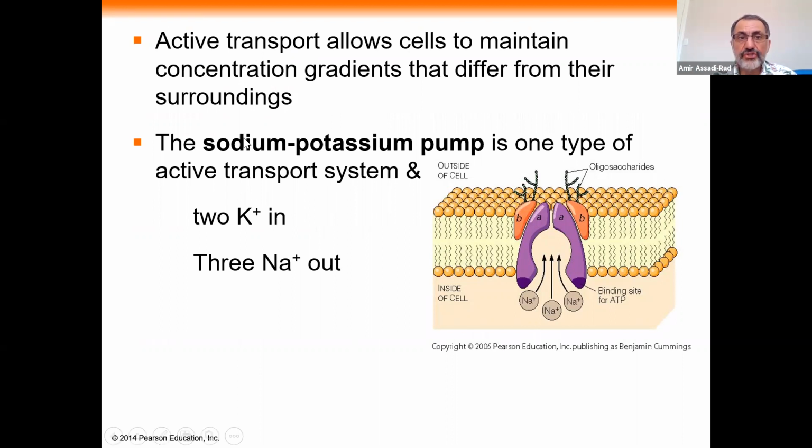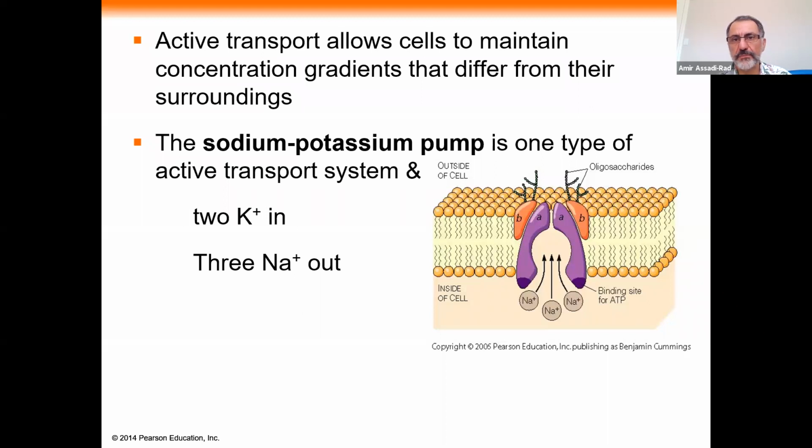Specific proteins are embedded in the membrane. One example that you should know is the sodium potassium pump. In the rest of your career in biology, you will come across this. The sodium potassium pump is one type of active transport system. Active transport allows cells to maintain concentration gradients that differ from their surroundings.